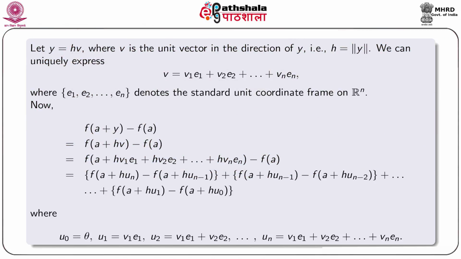Hence, like the previous case, we can write f of a plus y minus f of a equal to f of a plus h u n minus f of a plus h u n minus 1, up to f of a plus h u 1 minus f of a plus h u 0, where u 0 is the origin, u 1 is v 1 e 1, u 2 is v 1 e 1 plus v 2 e 2, up to u n equal to v 1 e 1 plus up to v n e n.